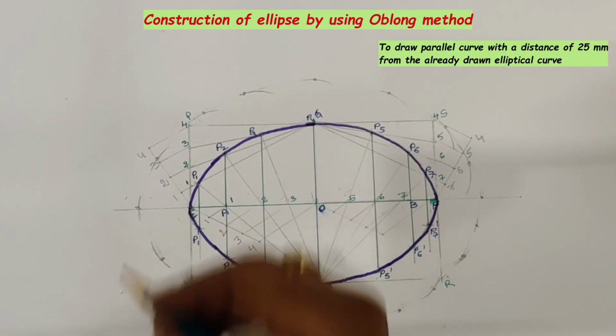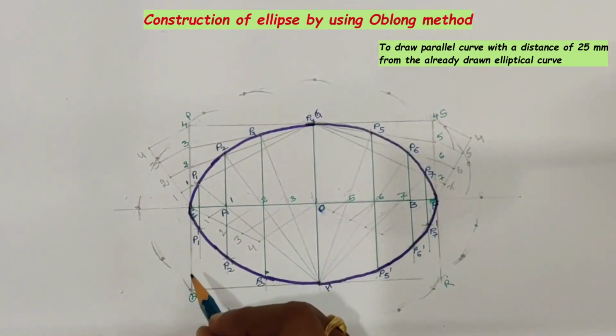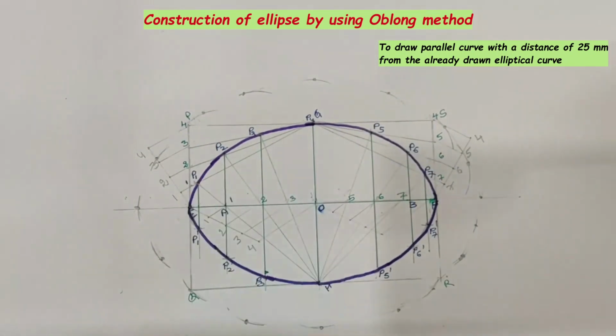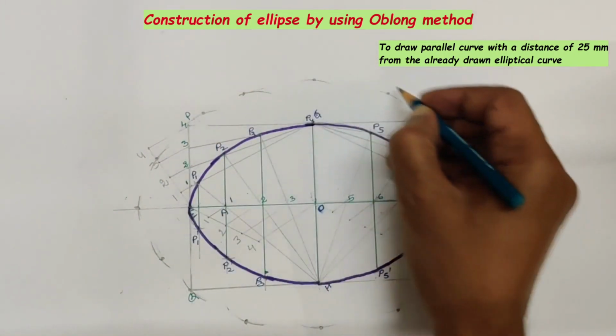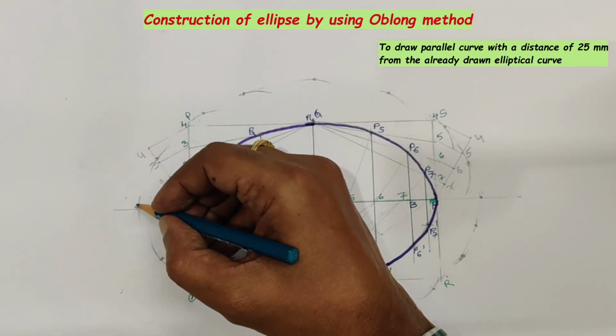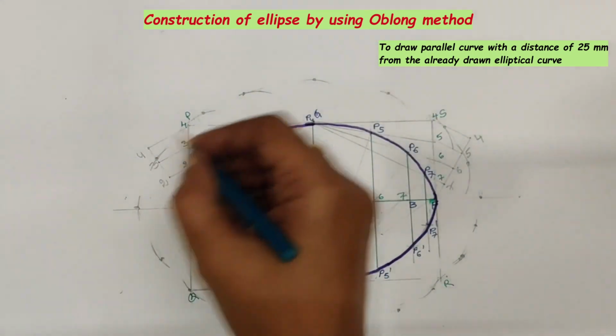Drawing the arcs with a radius of 25 mm from the different points on the elliptical curve is completed. Locate points on the top of these arcs, then join these points with the help of a smooth curve.